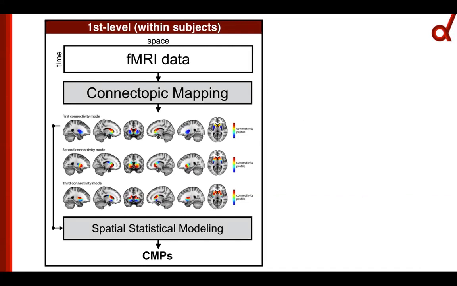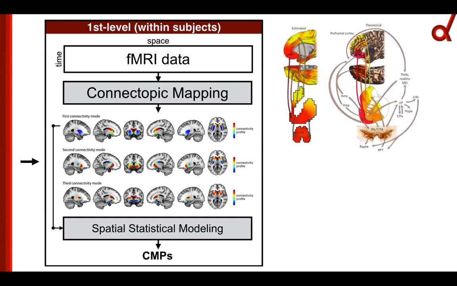We thus applied connectopic mapping to the striatum, and the results confirmed our expectation that the striatal connectivity patterns observed in previous work were actually manifestations of multiple superimposed patterns of connectivity. The first pattern showed rather sharp transitions that followed the distinction between the caudate nucleus, putamen, and nucleus accumbens. The second reproduced the rostrocaudal corticostriatal connectivity gradient predicted in the animal literature.